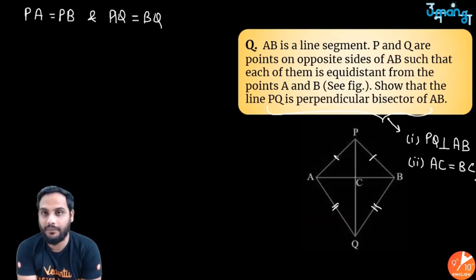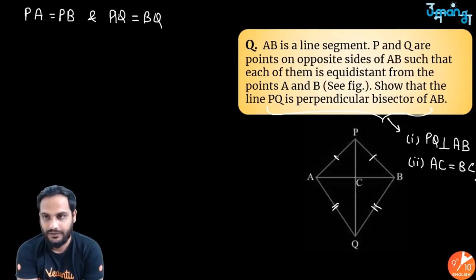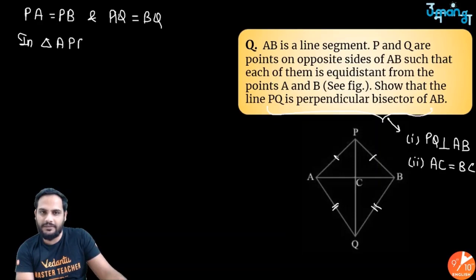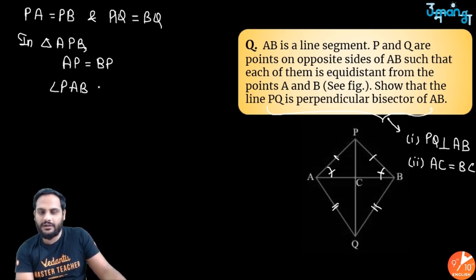Now look, not much information is given over here. The only information I know is about this triangle APB. So I can say, in triangle APB, since AP is equal to BP, the angles opposite to them will be equal. So angle PAB is equal to angle PBA, right?